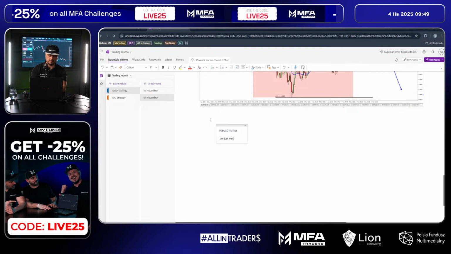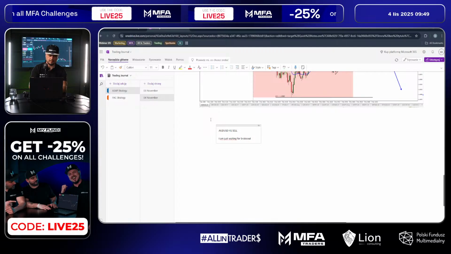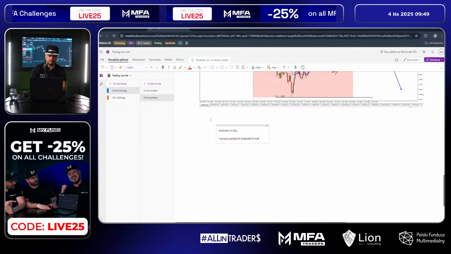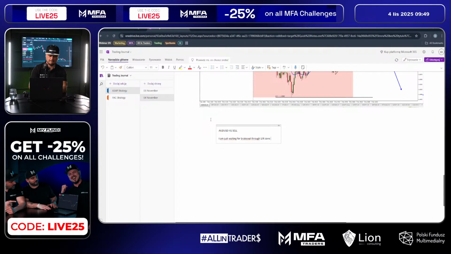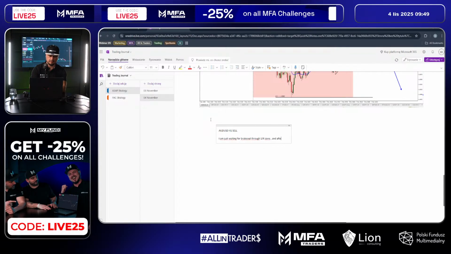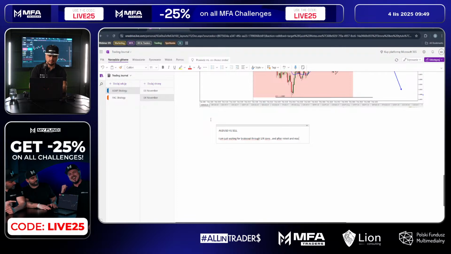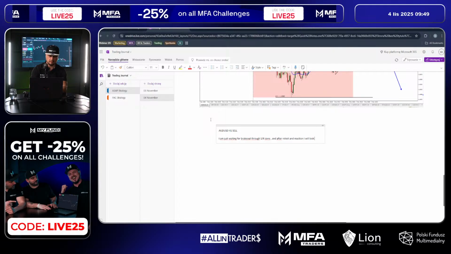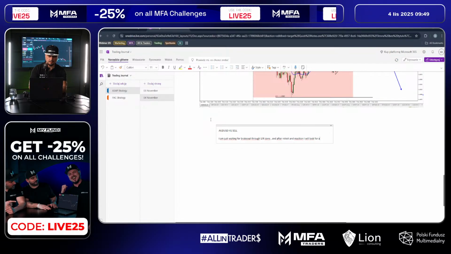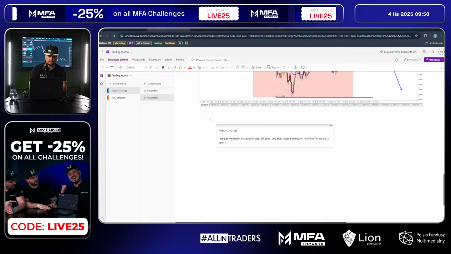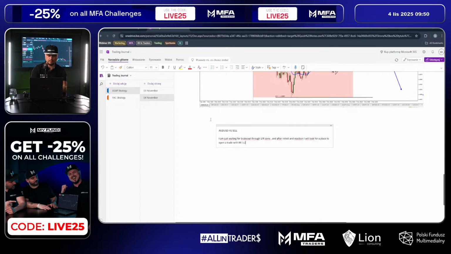I'm just waiting for breakouts through support and resistance zone, and after retest and reaction, I will look for a place to open a trade with risk to reward 1 to 2.